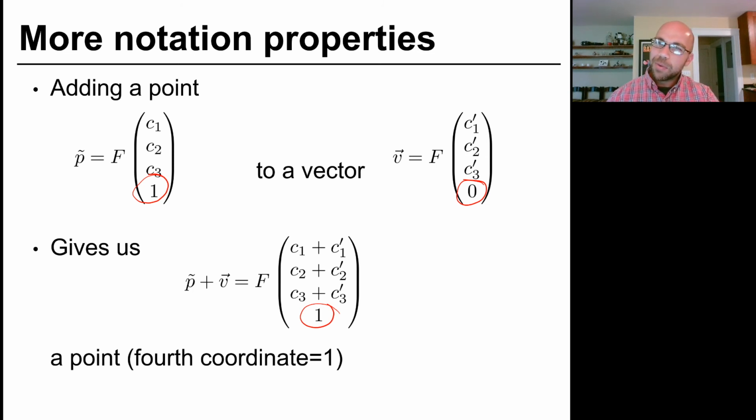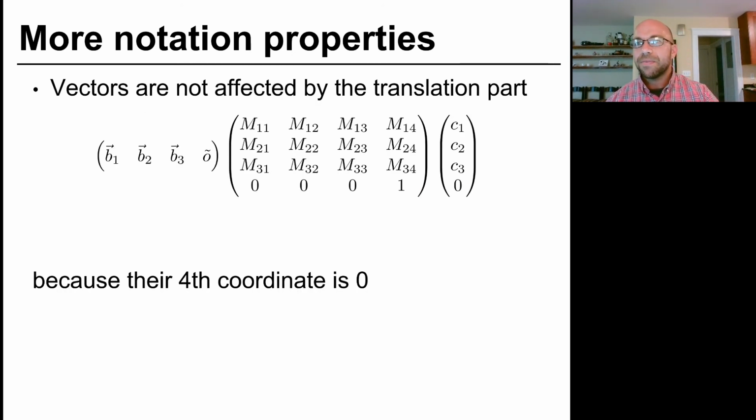This is a way to deal with both points and vectors and keep track of which one is which, essentially by keeping a little binary digit at the end of our vector. Vectors are not affected by the translation part, which makes sense because vectors are not affected by translation.